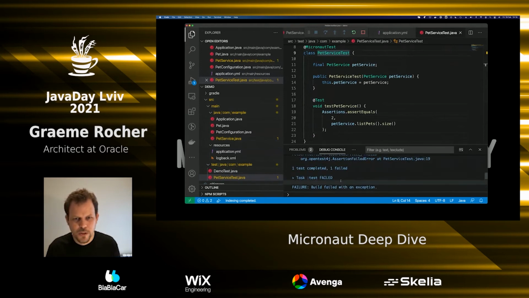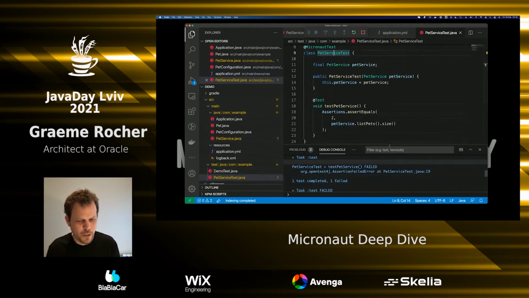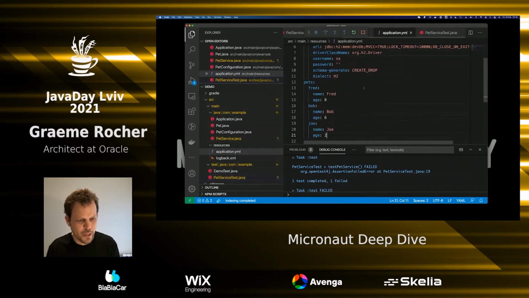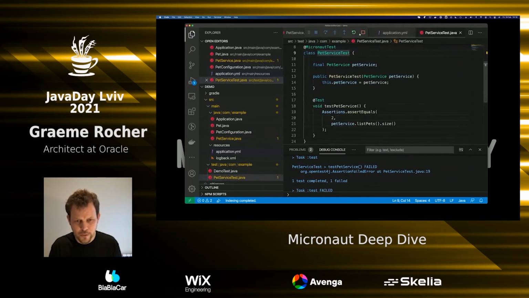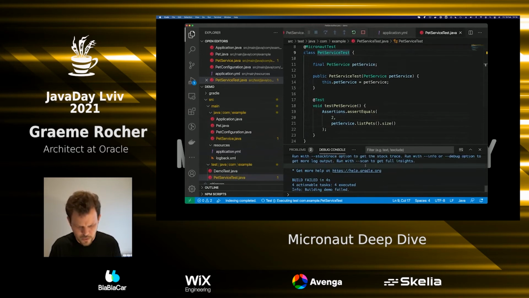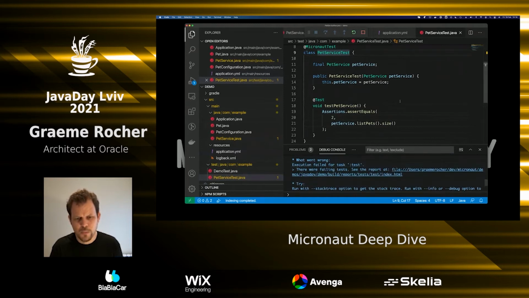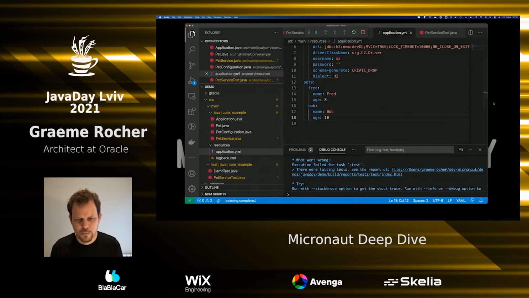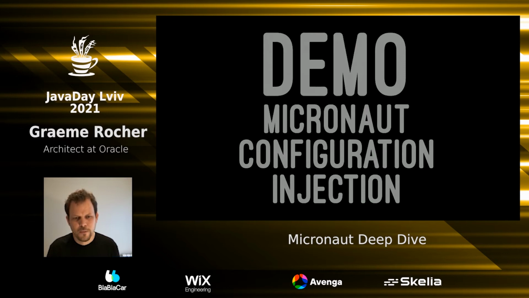So now we have the definition of my pets being powered by configuration. So I can come in here and say pets. Let's go Fred, name Fred, age 10 or 8, Bob, name Bob, yeah, maybe the name's not complete, age 6, something like that.